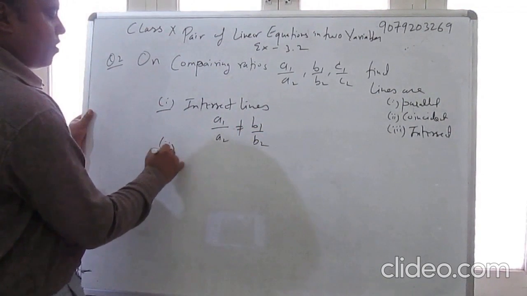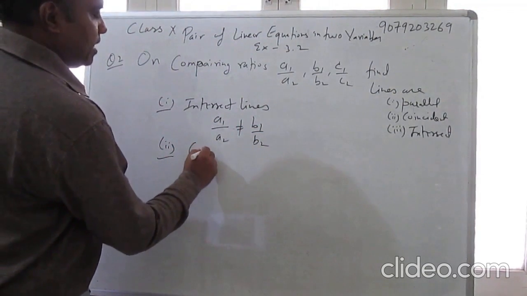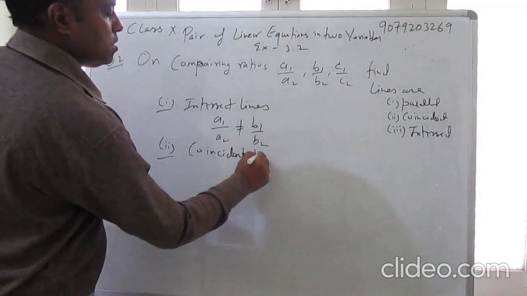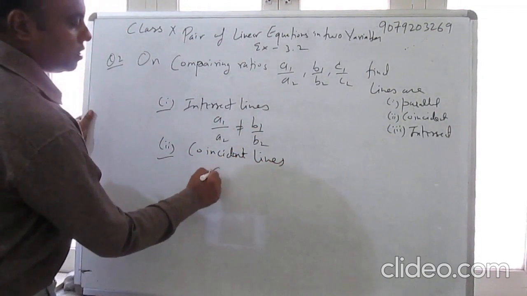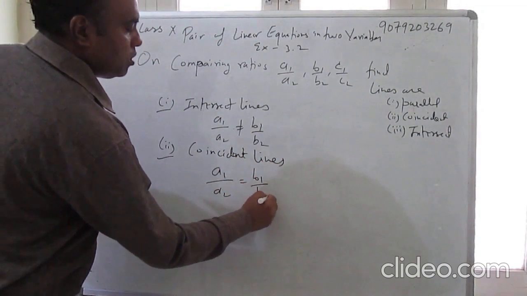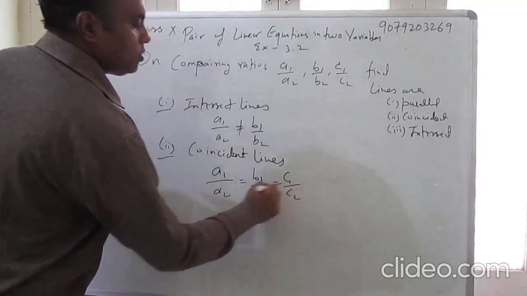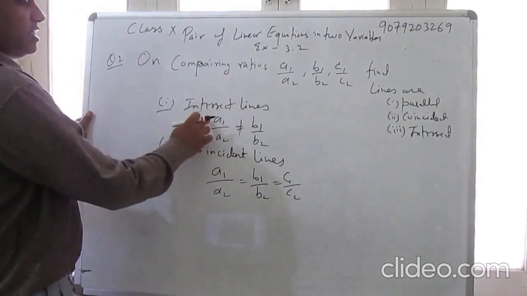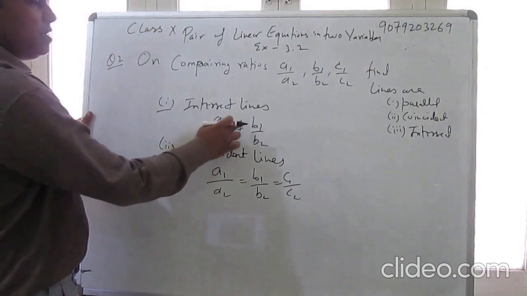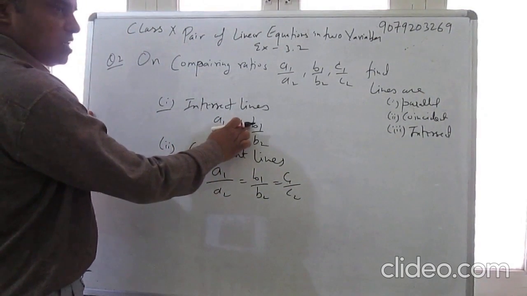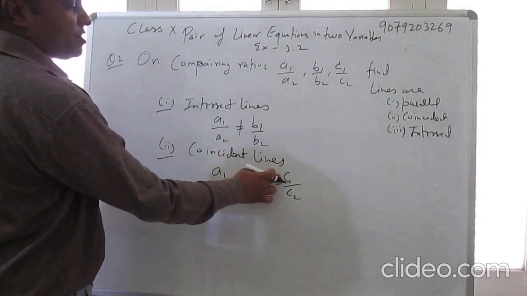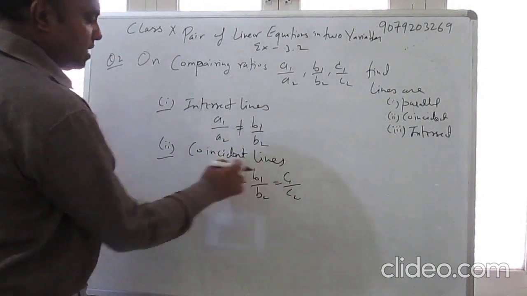What is the condition for coincident lines? A1 upon A2 equals B1 upon B2 equals C1 upon C2. You know what A1 is: the coefficient of x in the first line. A2 is the coefficient of x in the second line. B1 is the coefficient of y in the first line, B2 in the second line. C1 is the constant term of the first line, C2 of the second line.